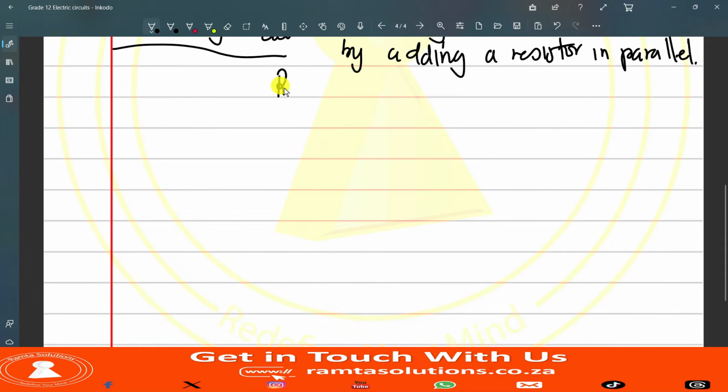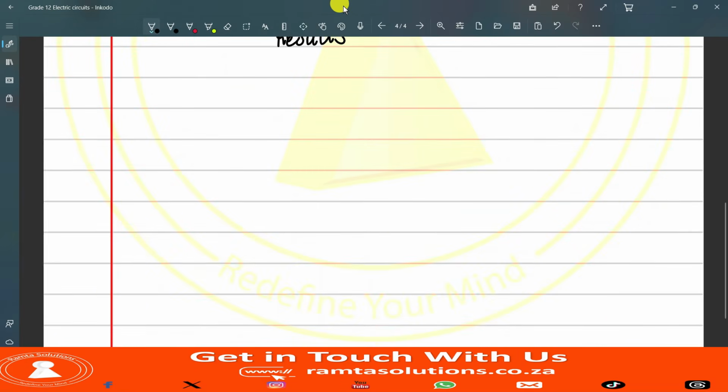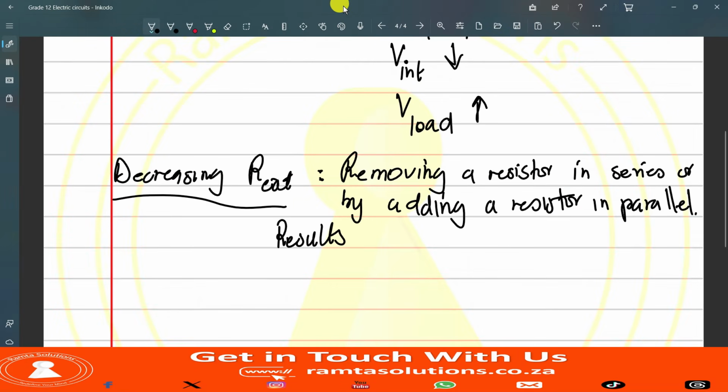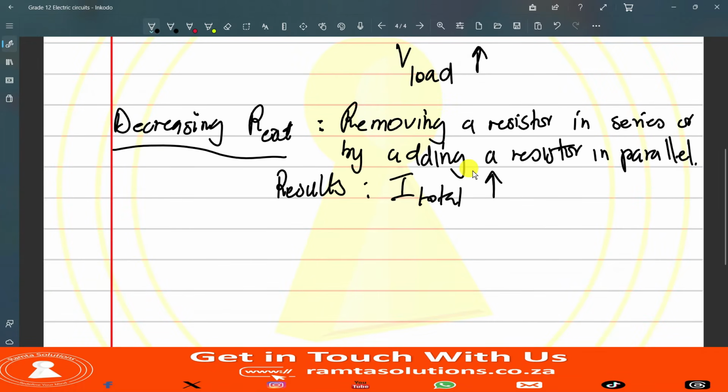So what are the results of doing this? What did we say? Remember, external resistance is decreasing. When external resistance decreases, total current will increase, right? When total current increases, internal potential difference will also increase.